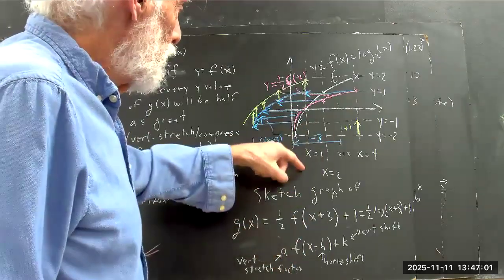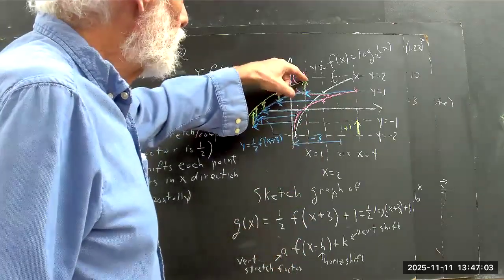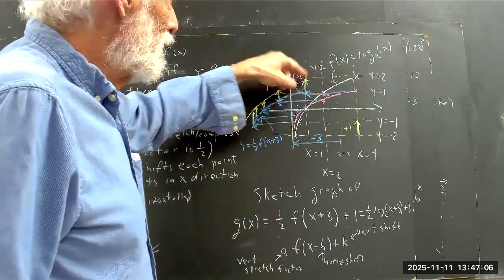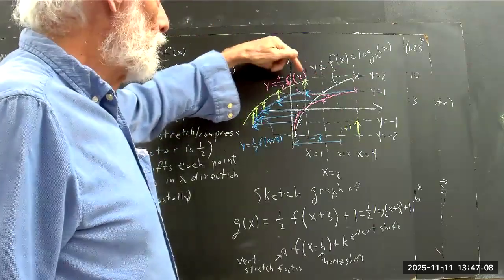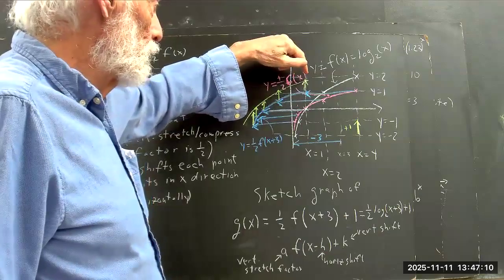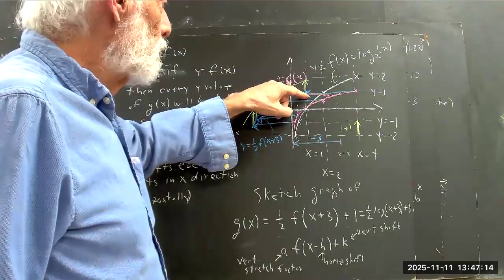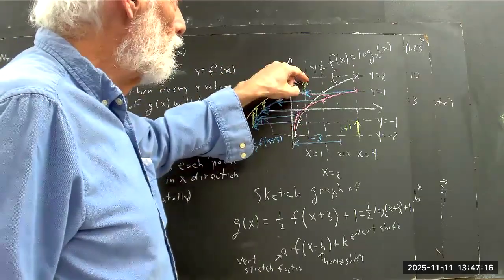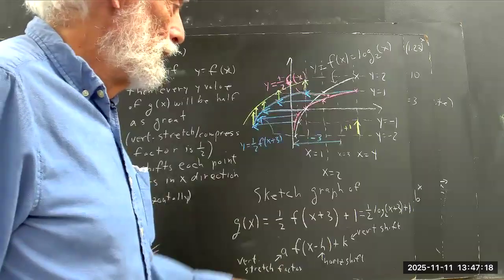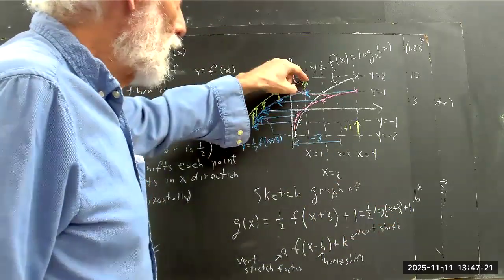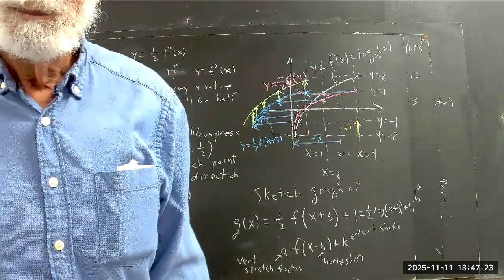Well, here's the line x equals 1, and here's the graph. Actually, I drew that point a little low because I didn't want to overwhelm this one. But if I raise this point where y equals 1 up a full unit, I get y equals 2. This gives us the same thing the graph does, okay?